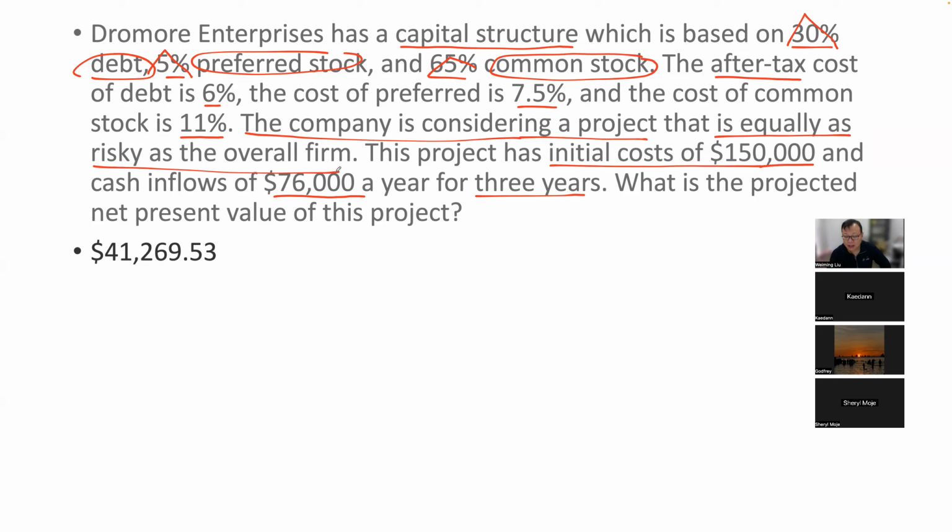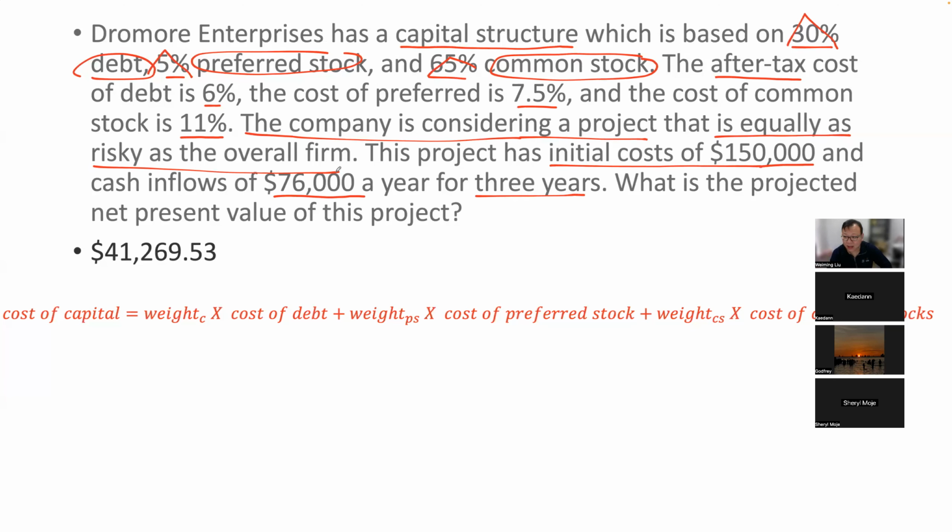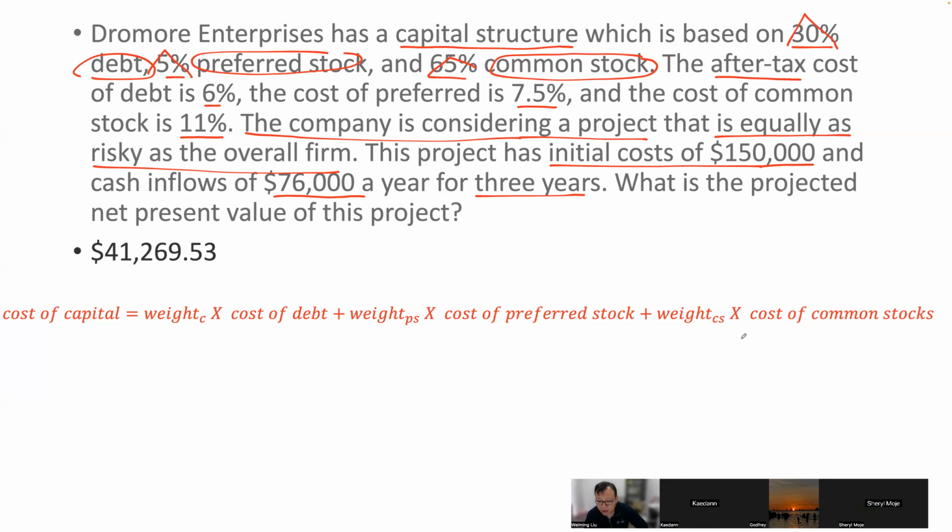Okay. So now let's take a look at how to calculate the cost of capital. The capital includes debt, preferred stocks, common stocks, right? Each one has a weight. So we learned that information. So let's take a look at the calculation.